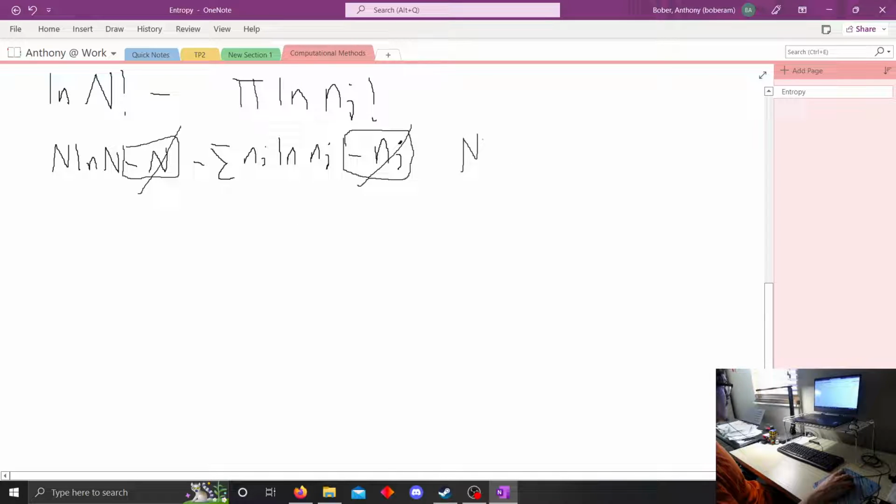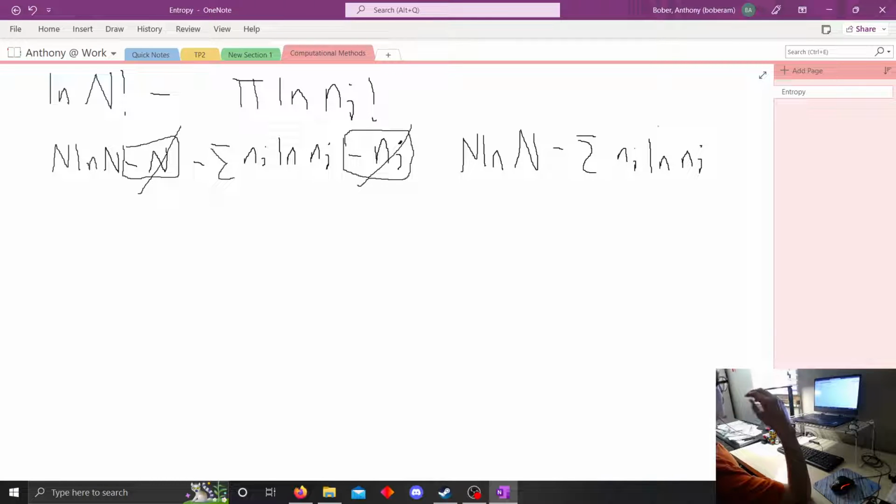So we have big N times the natural log of big N, total number of students again, minus the summation of number of students per grade times the natural log of number of students per grade. Now, eventually we're going to want to maximize the entropy. So when we're maximizing the entropy, this big N actually stays as a constant.